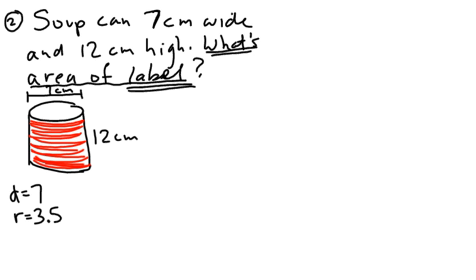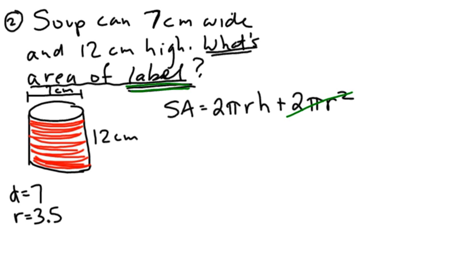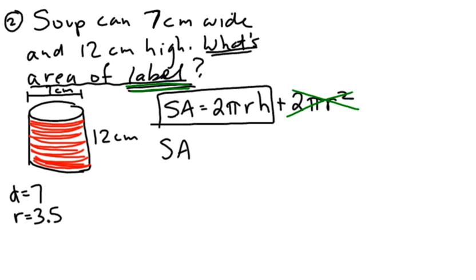So surface area of a cylinder, 2 pi rh plus 2 pi r squared. But since we just want the label, we don't want the top and bottom circles at all. This particular question, a little bit of thinking, that's all we have for the label of the can. 2 times pi times the radius, which is 3.5, times the height, which is 12.